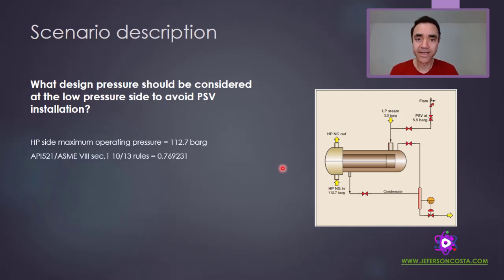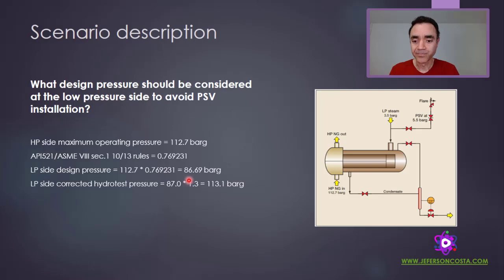After that, we need to apply the rules associated with the 10/13 rule. So if I divide 10 by 13, I will have this number here. Based on this number, I multiply the high pressure side maximum operating pressure by the rule to get the minimum design pressure of the low pressure system to avoid using a pressure relief device.